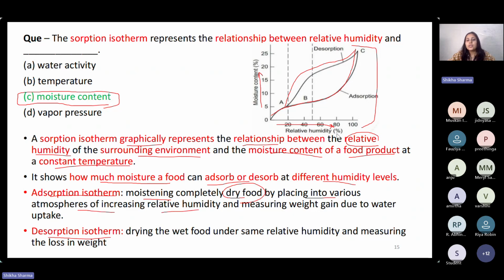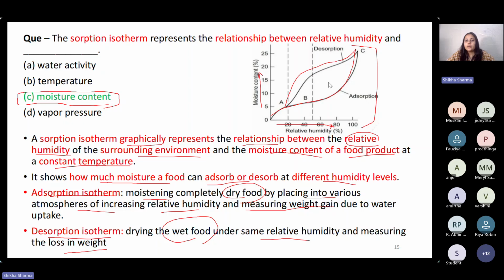So we increase the relative humidity and see how much water the completely dried food is taking, and we can measure the weight gain because of the water uptake. Whereas in desorption isotherm, we have the wet or moist food, and we dry it under the same relative humidity conditions, and we measure the weight loss or water loss. So we can plot.